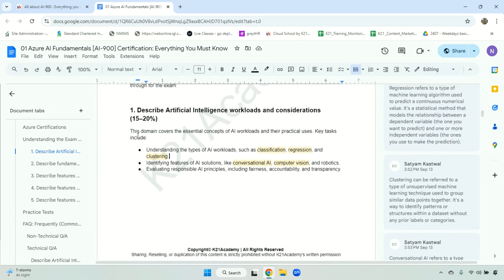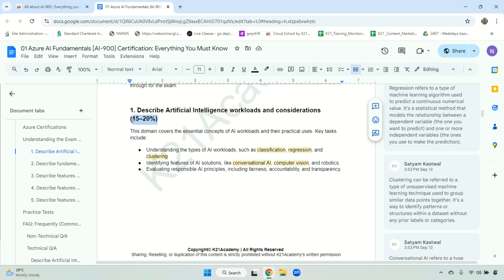And the third thing to focus on in this domain is evaluating the responsible AI principles, including fairness, accountability, and transparency. So these are the topics you should focus on in the domain associated with artificial intelligence workloads and considerations.